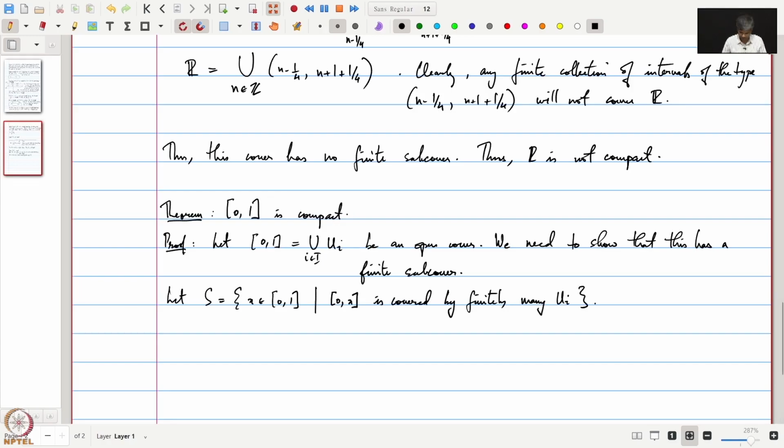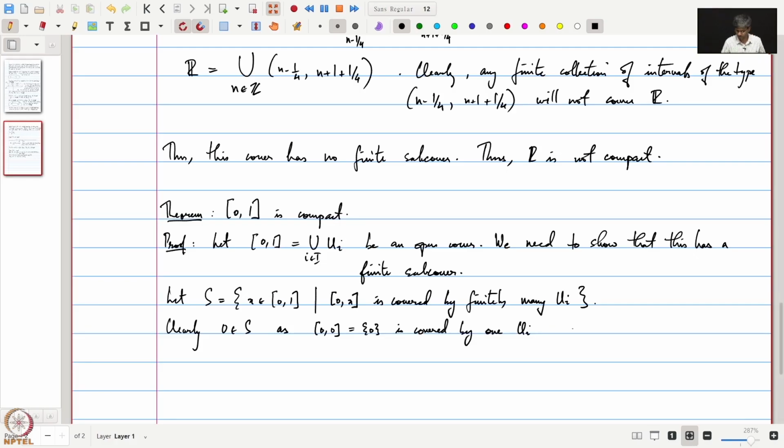Okay. So clearly 0 belongs to S. For 0 to belong to S, what we need is that [0, 0], which is just the single set {0}, is covered by one U_i.